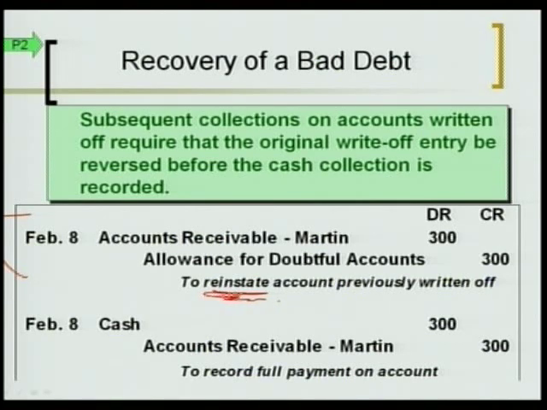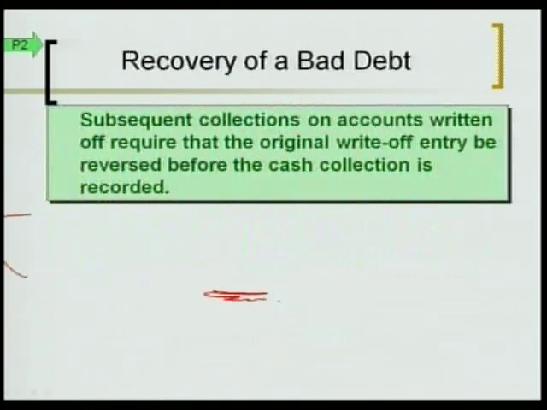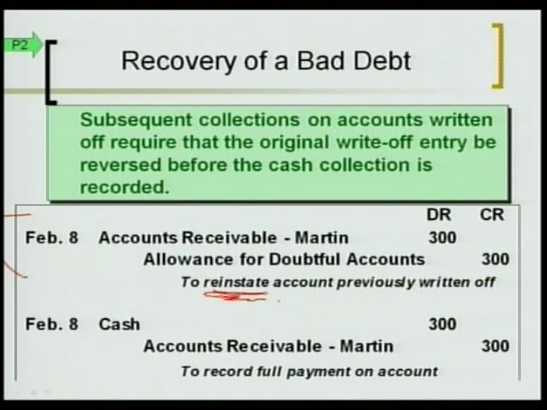Right? And then we would collect the cash as normal. Are you with me? Make sense? You can see that that top entry is just a reversal of this one, right? Flip-flopped.